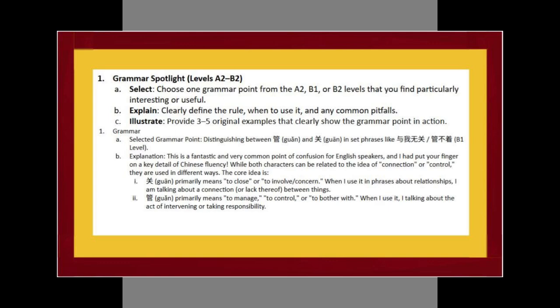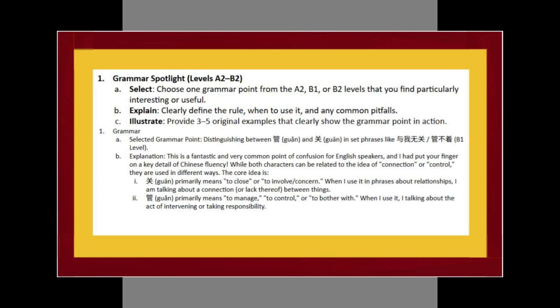While both characters can be related to the idea of connection or control, they are used in different ways. The core idea is that 关 primarily means to close or to involve concern. When I use it in phrases or relationships, I am talking about a connection or lack thereof between things.